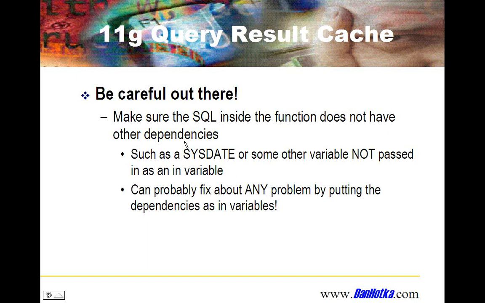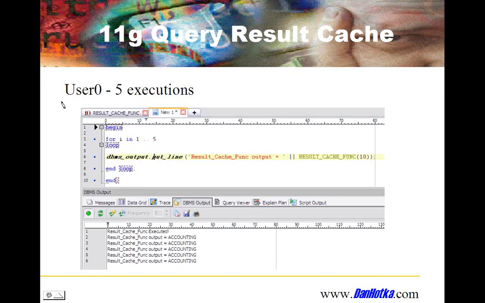but it works great anyway. Oracle 11, Oracle 12. So we got user 0, and I just put a little anonymous block together to run our function passing in department 10, and I'm going to run it 5 times. Okay. The first time it runs, we get that result cache executed, and there's the 5 times, the accounting department.